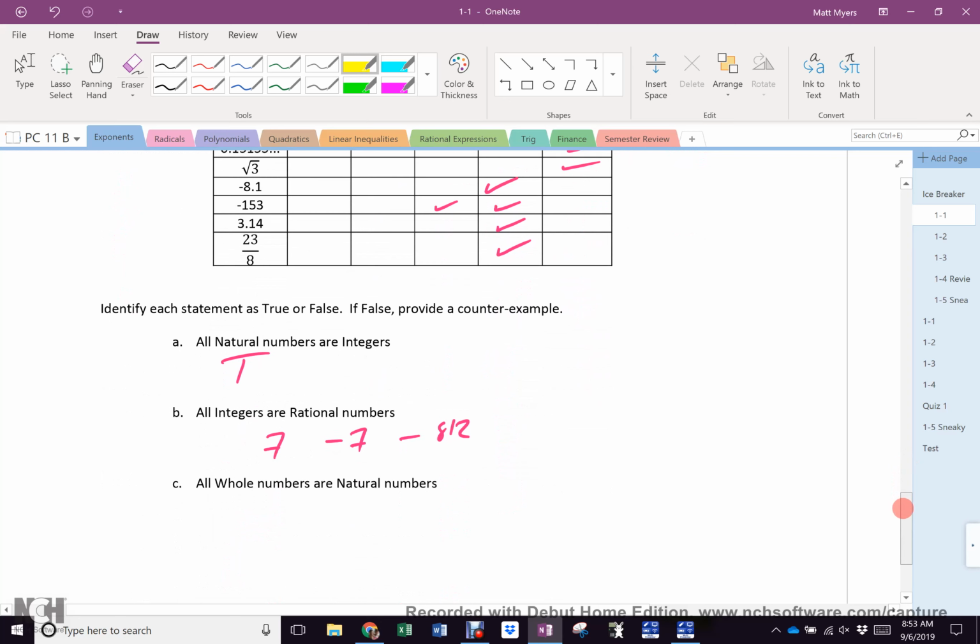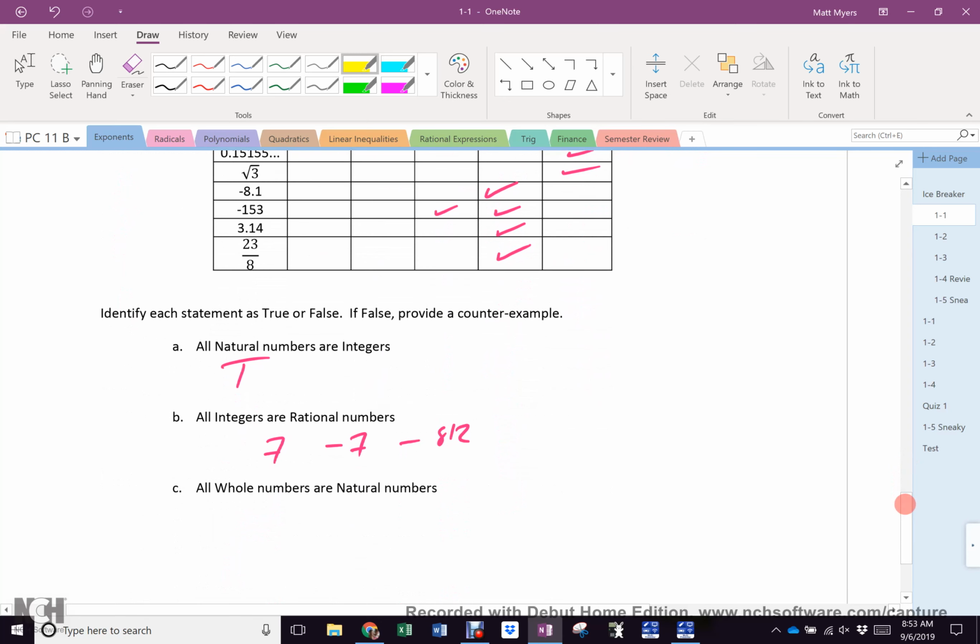And then true, true, and false. Because what is the one whole number that isn't a natural number? 0. We're all good, right? That's false.